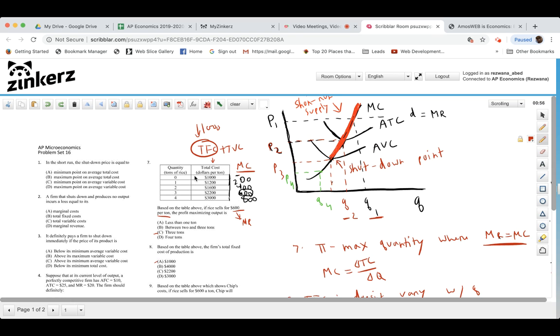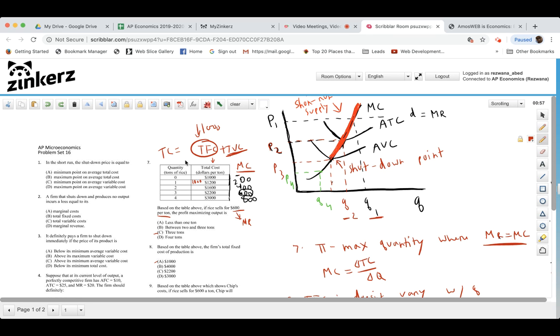You know that this is your total fixed cost. So isn't it the case that, regardless of how much you're producing, 1, 2, 3, 4, that fixed cost is always going to be there? Okay. If total cost is equal to total fixed cost plus total variable cost, isn't it easy to get total variable cost?